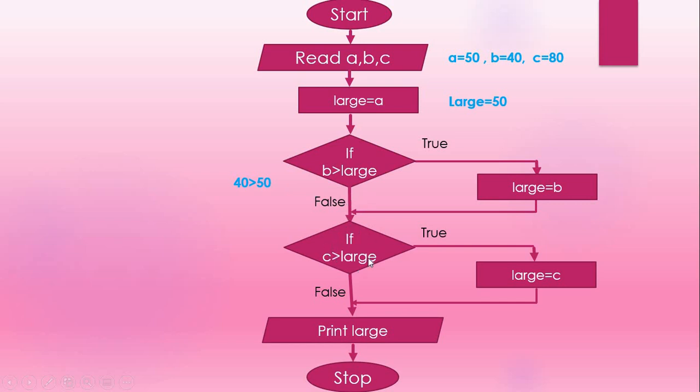Now it checks whether C is greater than large. C has the value 80 and large has the value 50. Is 80 greater than 50? In this case, the condition is true, so it comes here and it initializes large with the value 80. After this, it comes here and it prints the largest value, that is 80. This is how we can find the largest of three numbers.